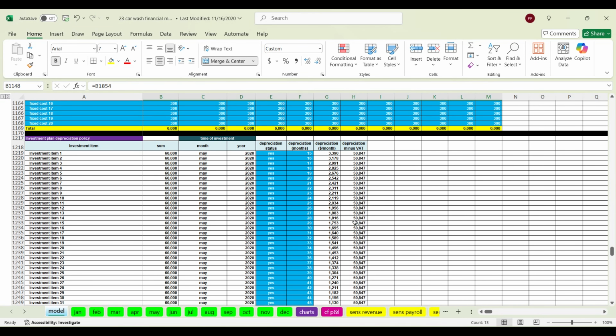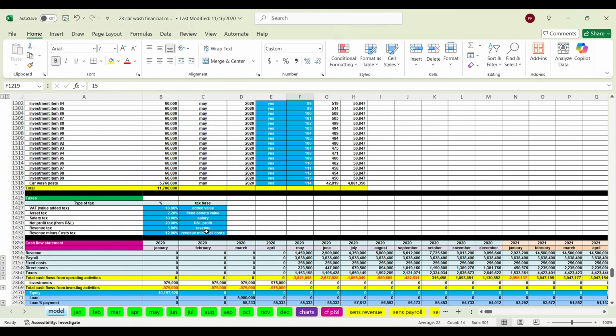Then we have a separate table for the depreciation. So these are the investment plan expenses. We can specify whether there is or there is no depreciation status for this expense. We can specify the depreciation term in months.